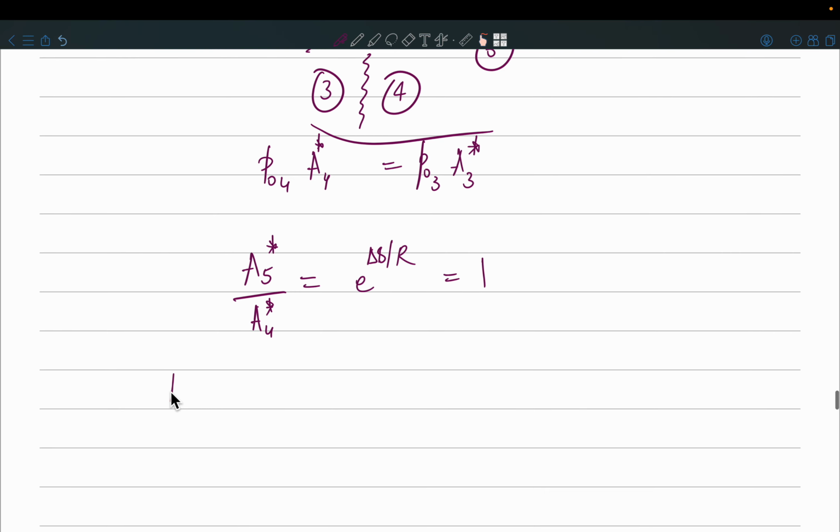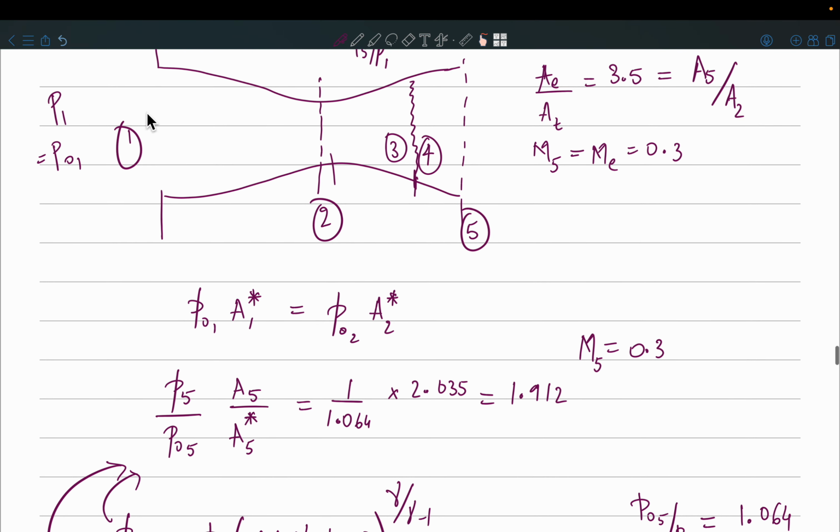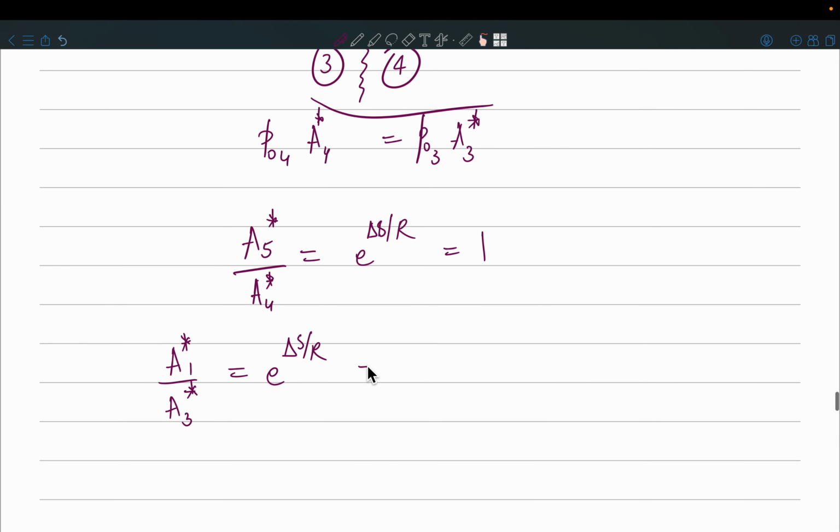So from A1 to A3, again I can apply the equation for star areas, and that is again E power delta S by R, but the flow is isentropic in this part of the CD nozzle till where the shock has not occurred, isn't it? So again this is 1. This is clear?